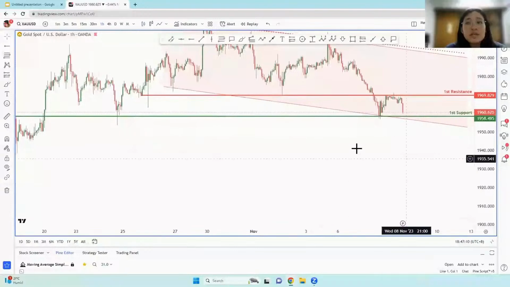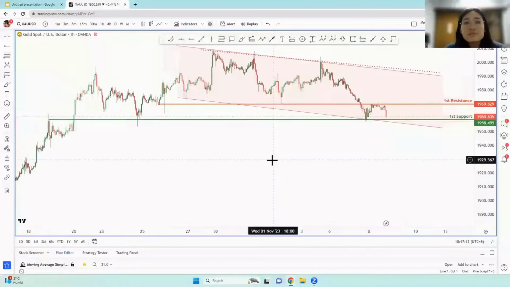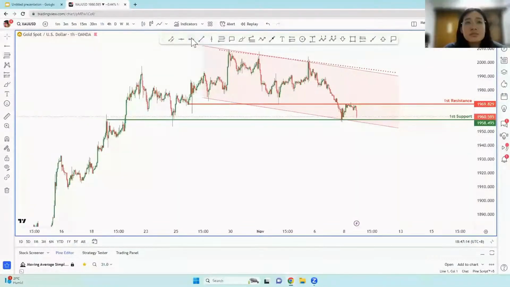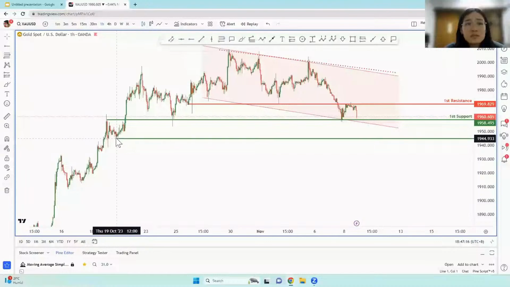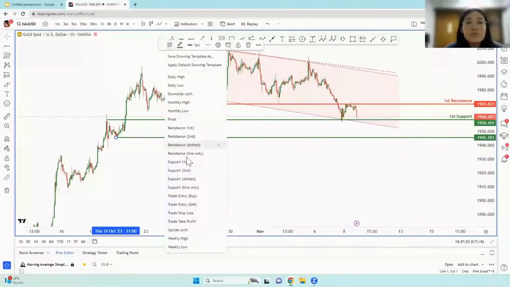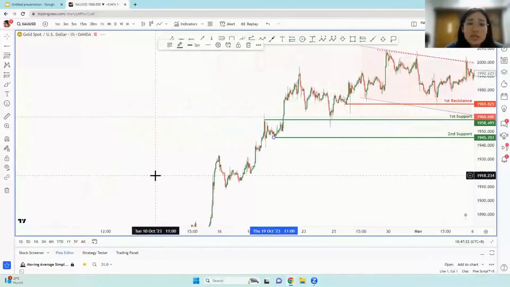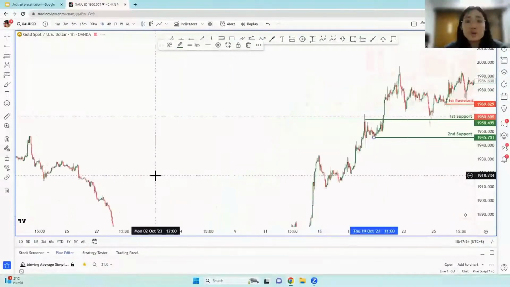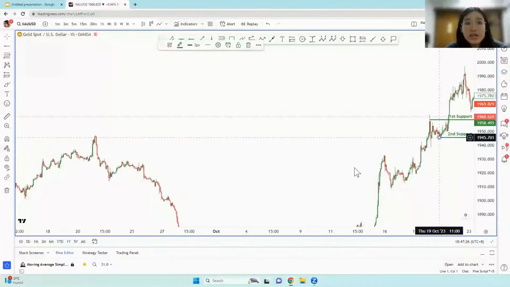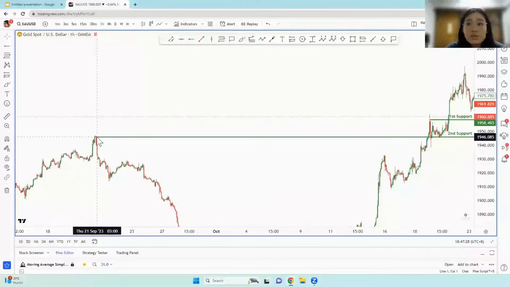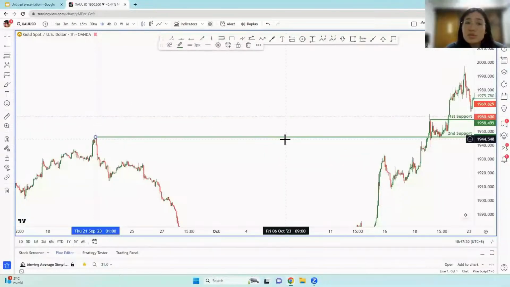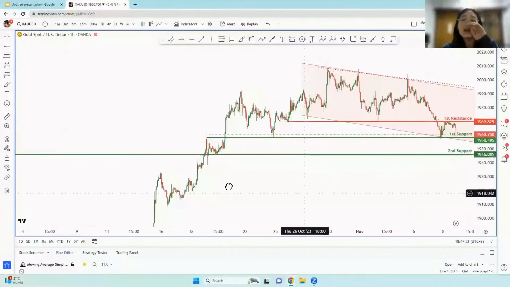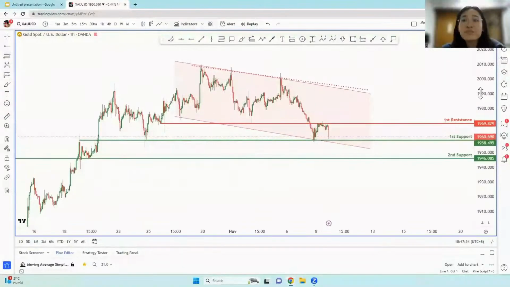And then maybe here. This is purely graphical, just by looking at the swing highs and swing lows. You can always go in with your Fibonacci levels and adjust them accordingly.